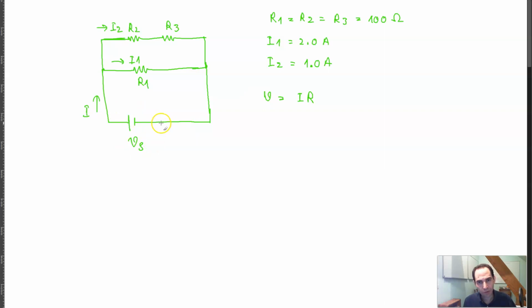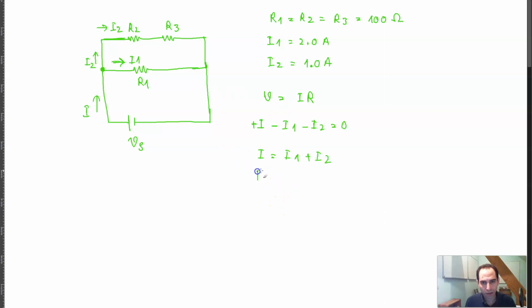So what I'm going to do is first calculate I. You can think of Kirchhoff's first law, or KCL, for this node here. You can see that I is coming in, so positive I, and I1 is going out, and I2 is also going out. So these two currents are going out. So I minus I1 minus I2 is equal to 0, which means that I is equal to I1 plus I2.